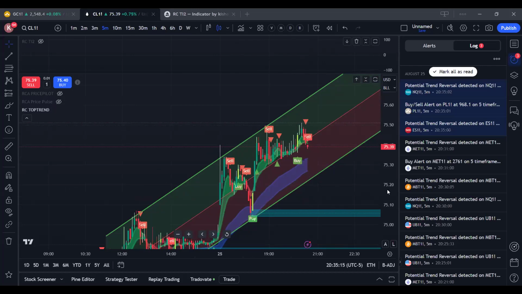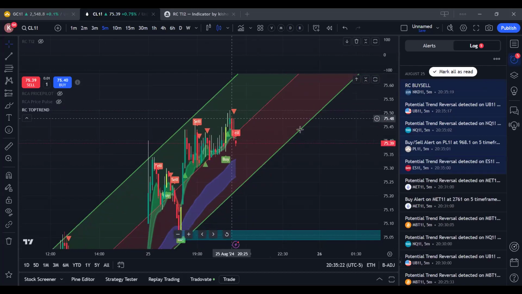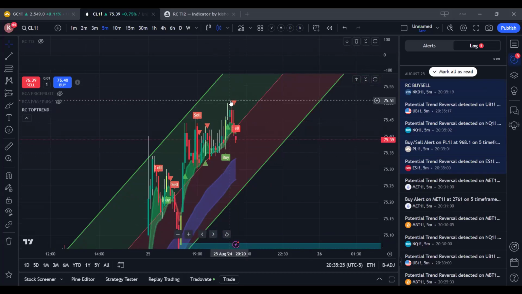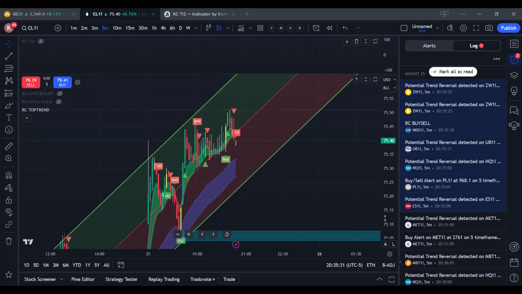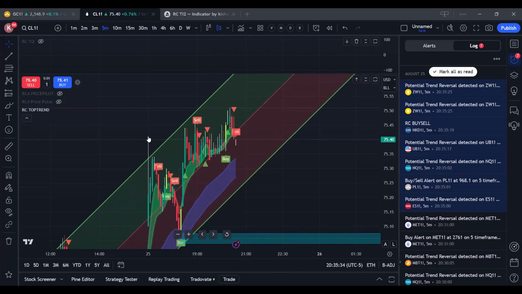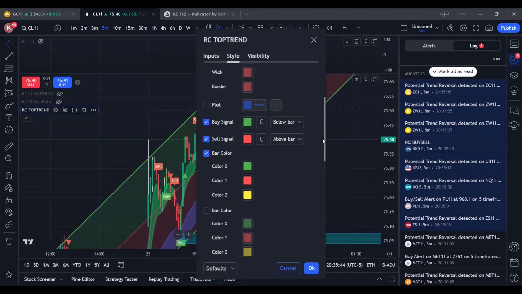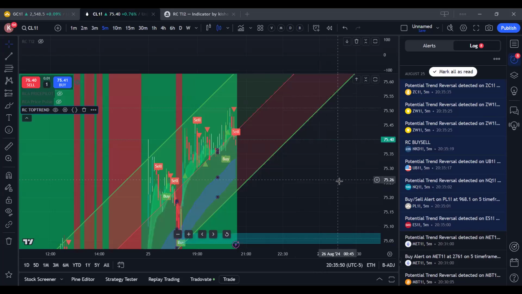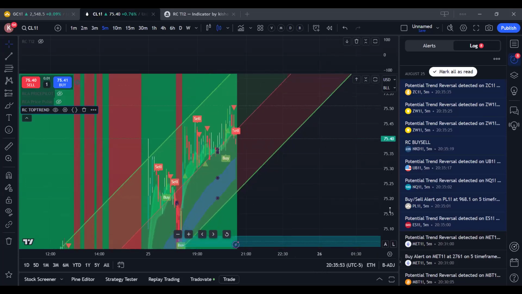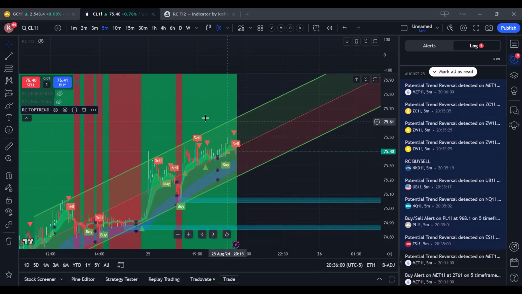So now, as of now, it is still green background.